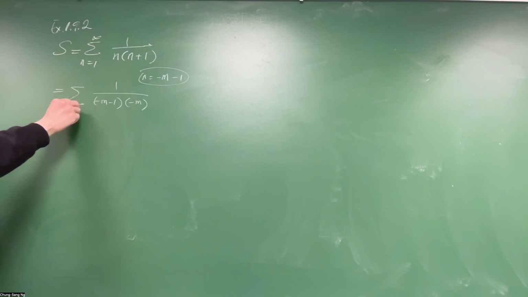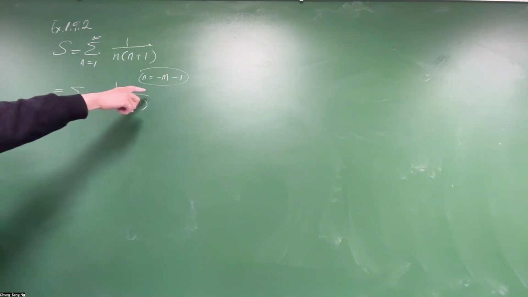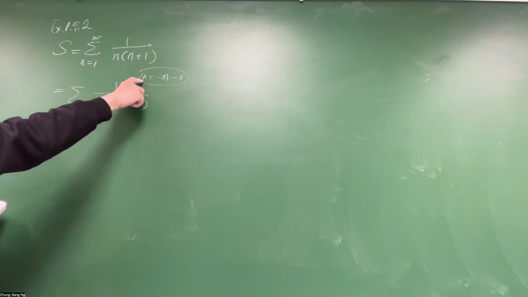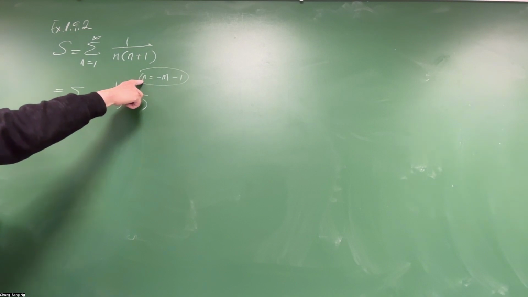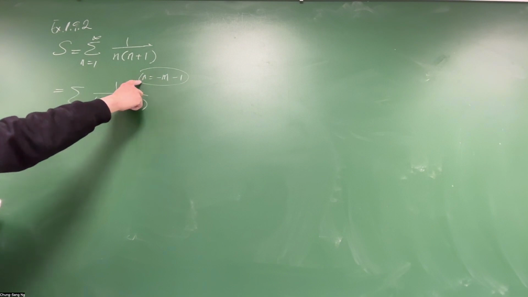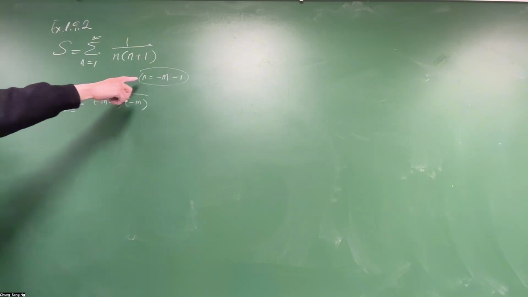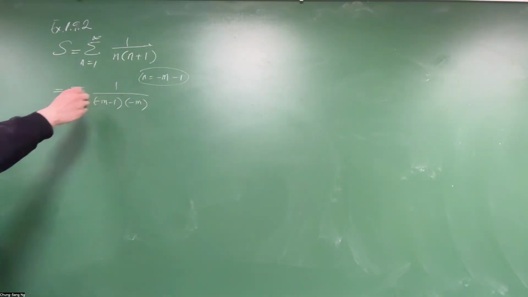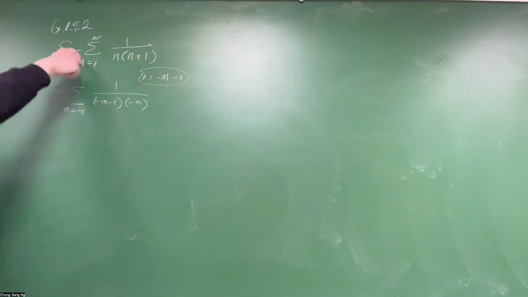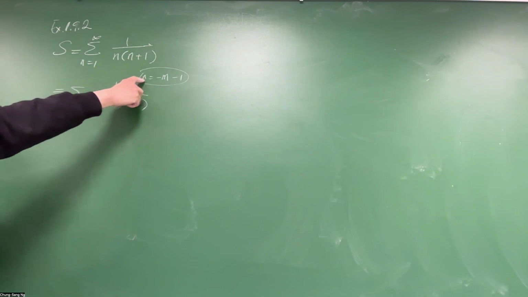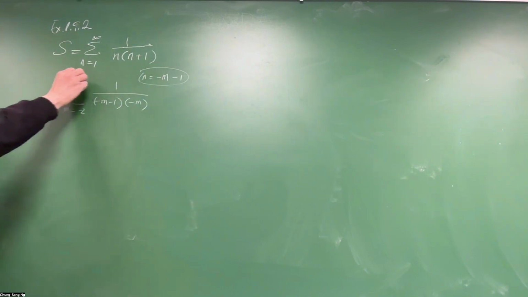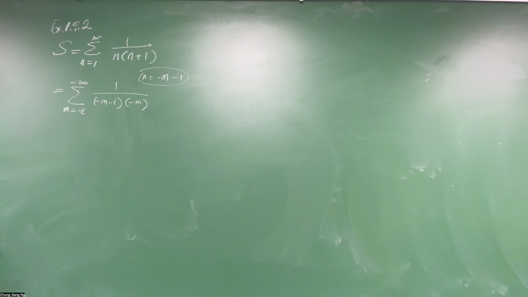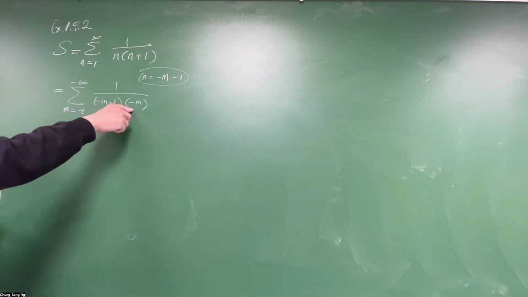And if n is one, then m is minus two. Move one to the other side, and m is minus two. And obviously when n is minus infinity, m is minus infinity. Okay, and now you can cancel all the negative signs.